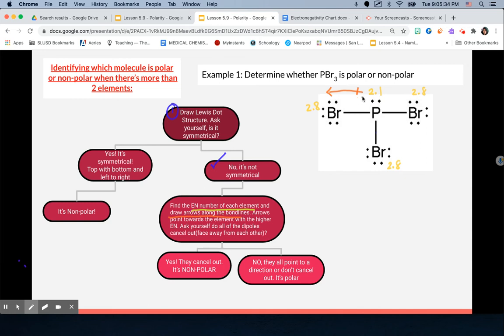Right. So notice that I draw kind of a vertical line here, and this arrow is what we call a dipole. So a dipole, let me write it on the side here.